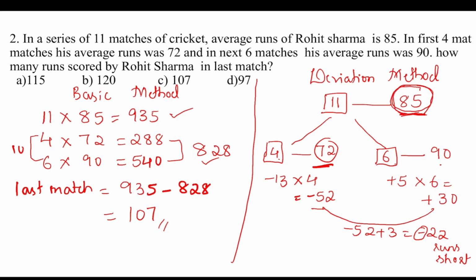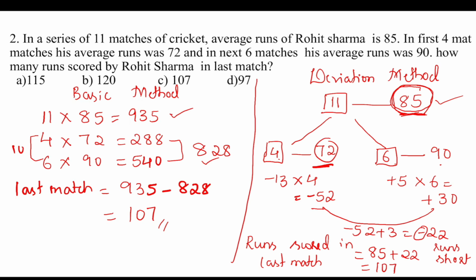So the runs scored in last match is how much? It is 85 he has to score, plus how much he has to score? 22. So 85 plus 22 is how much? 107.